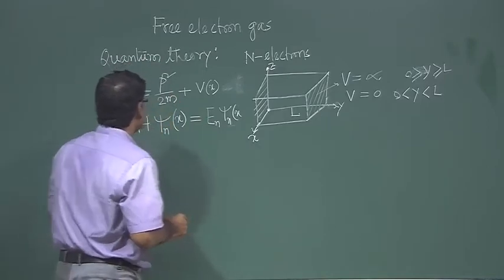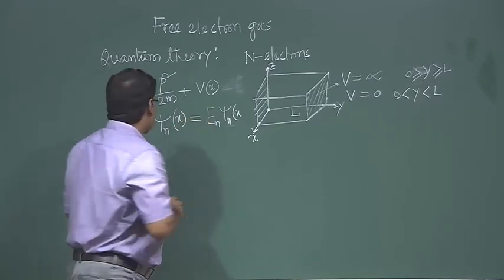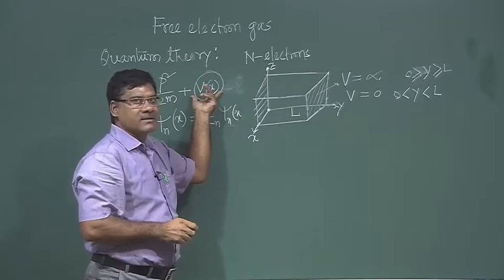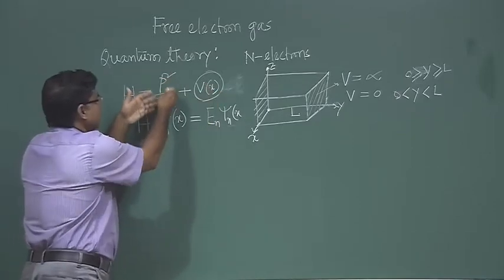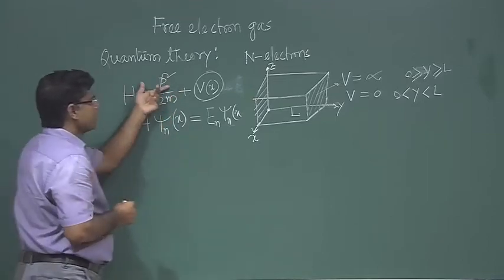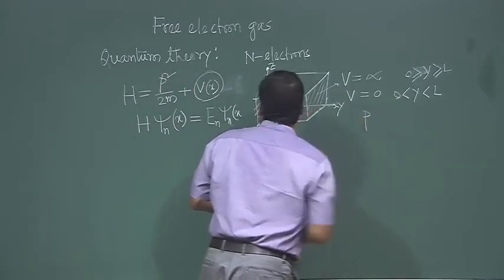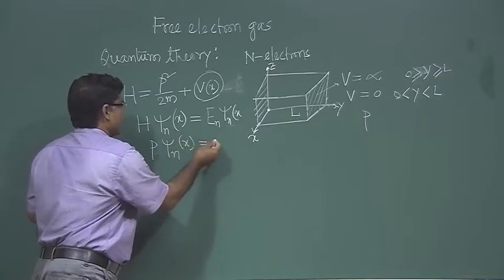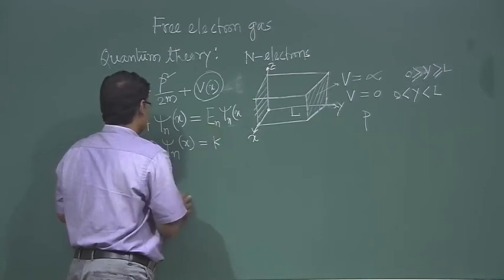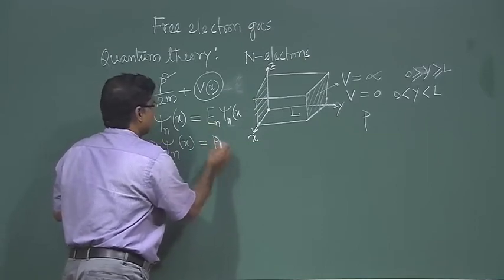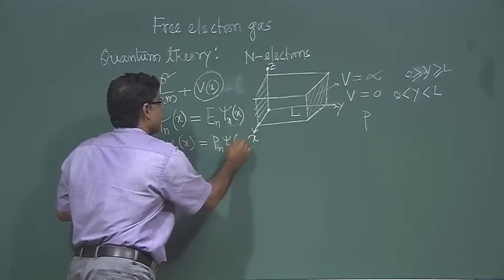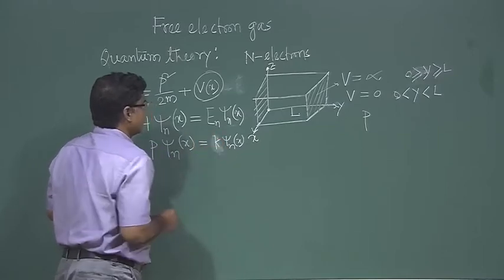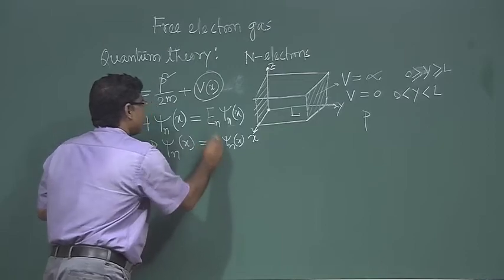Now for our case, inside the box, this V(x) is 0, so H is just P square by 2m. Now, if we apply the momentum operator on the wave function, we get the momentum, which we generally write with k; some h cross will come, let us skip it.